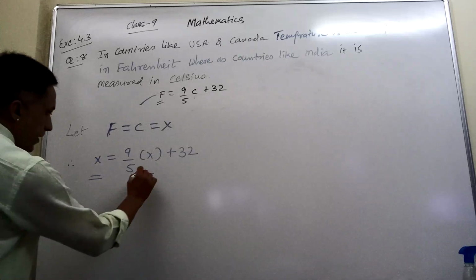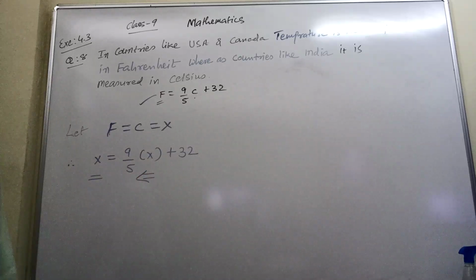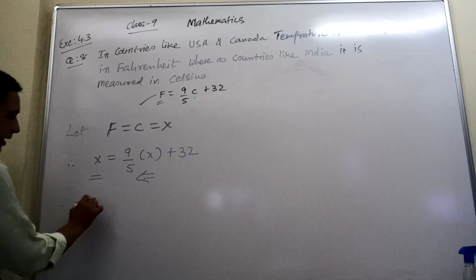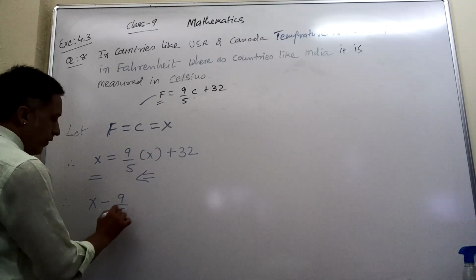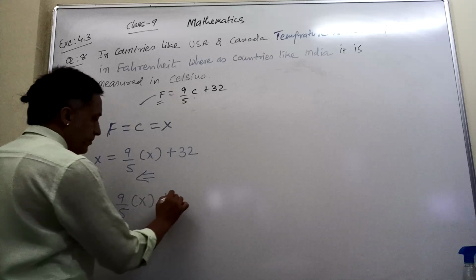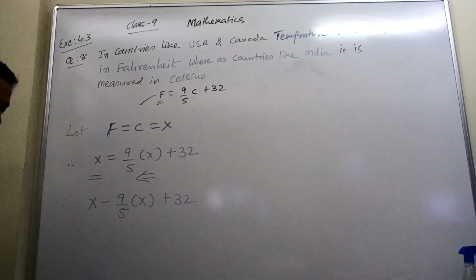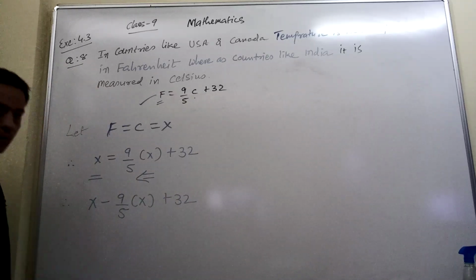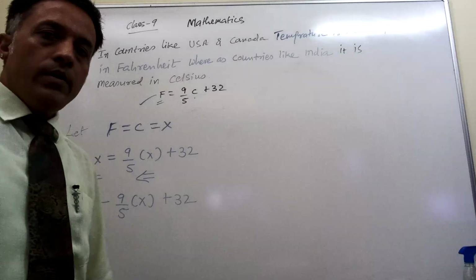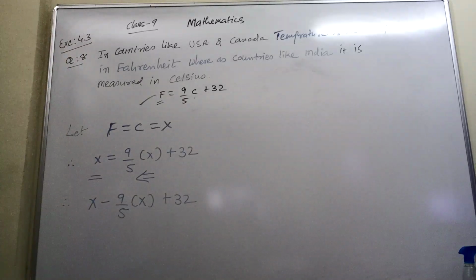So now I am shifting this 9 upon 5 into X to the left side. So what will I have? X minus 9 upon 5 into X. Here there is no number in the denominator, so we consider it as 1.